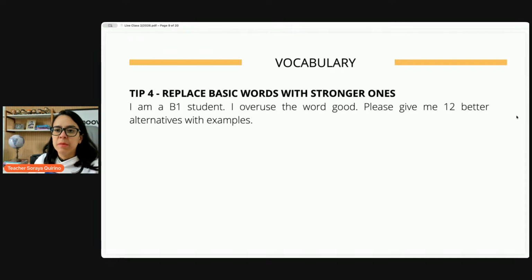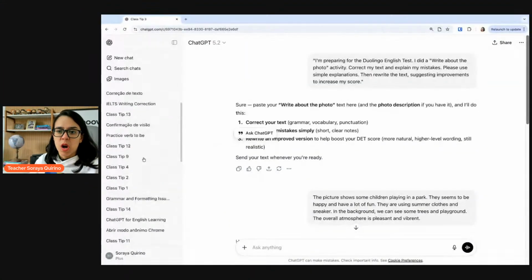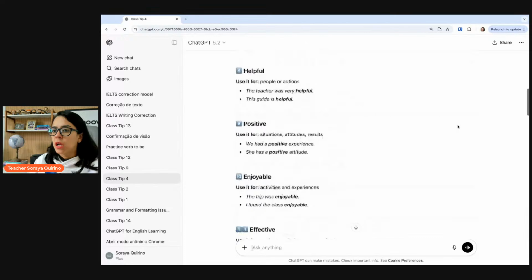And let me show you. I asked ChatGPT to work on this for me, and it came up with really interesting examples. Let's take a look at 4. Here you go. Here we are.